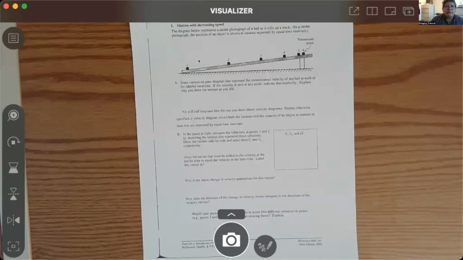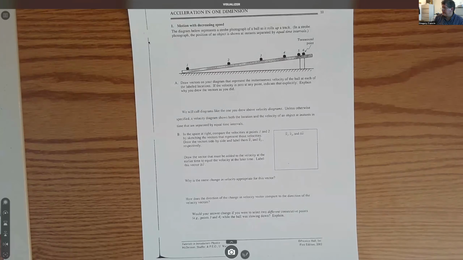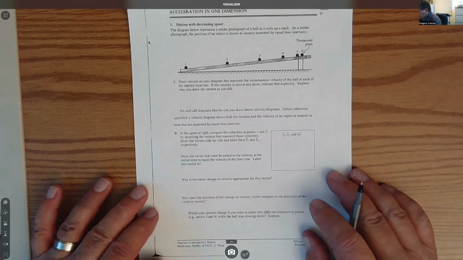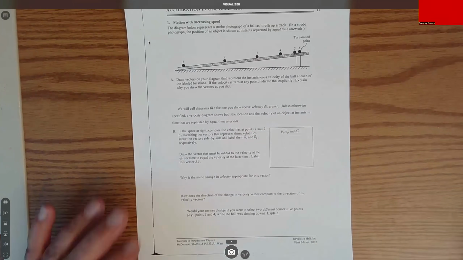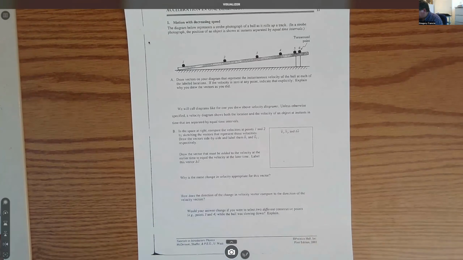I'm going to share my screen, and you should be seeing the tutorial handout now, if this is working. And what we have is a strobe diagram.